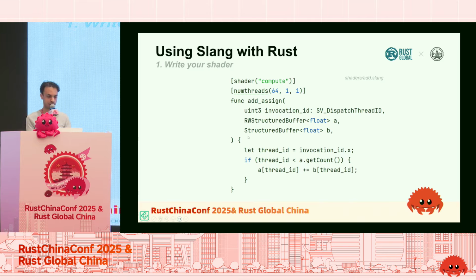So we needed the read-write access for A because we are storing the result into A directly. So we say it's a compute shader with 64 threads for each work group. All right, so that one is fairly straightforward. So this is the Slang shader. So this is what will be converted to WGSL, to MSL, etc.